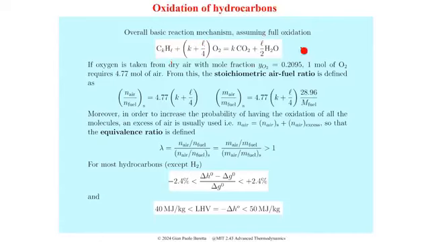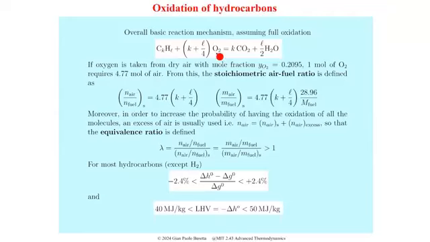And those are the balanced stoichiometric coefficients. Typically, when you burn a fuel like this, you don't do it in pure oxygen, although you could do oxycombustion, but you use air as an oxidant.